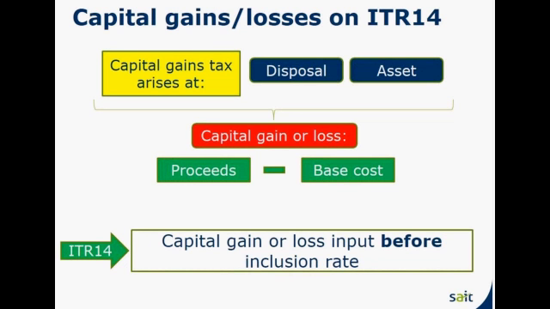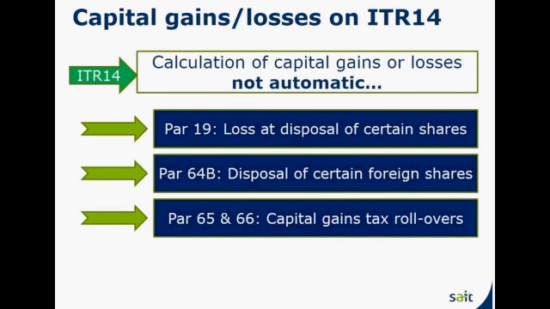So two of the exclusions that you have to bear in mind, I've put the paragraph numbers from the 8th Schedule there. Just to run through it, if you make a loss on the disposal of certain shares as a result of receiving a dividend, so then that you would quite often get if the company had a share buyback, paragraph 19 quite often comes into play.